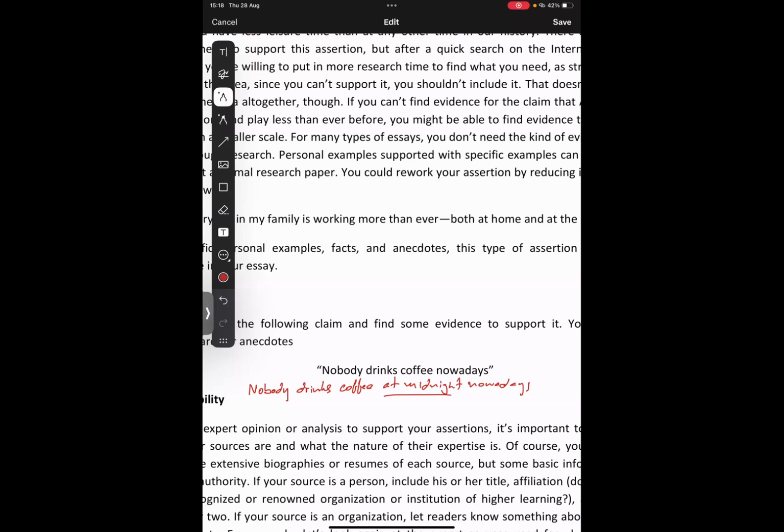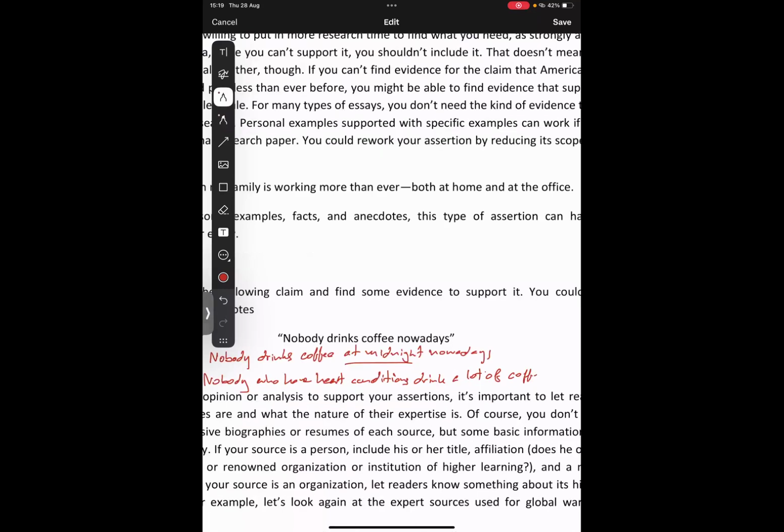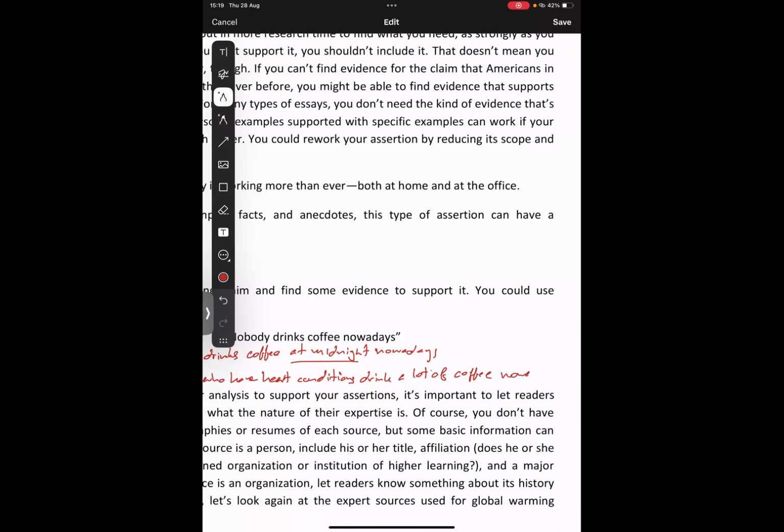Well, there's several ways to do it. You can also say something like, nobody who have heart conditions drink a lot of coffee nowadays.